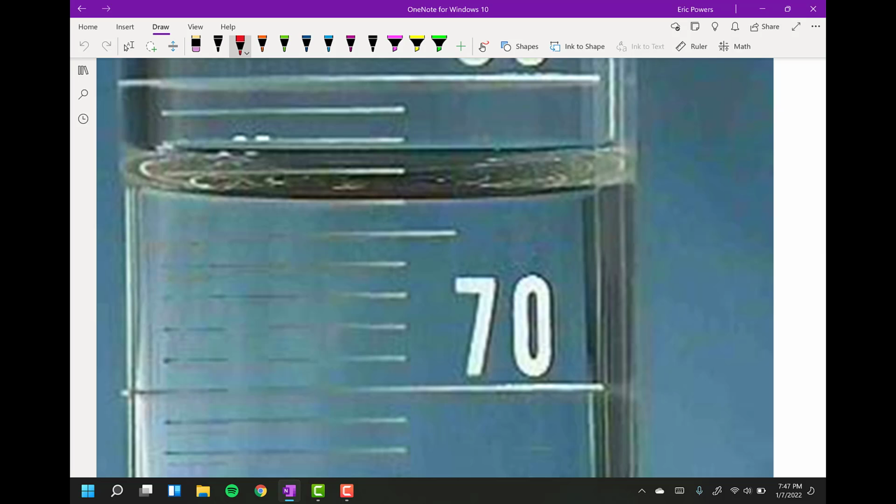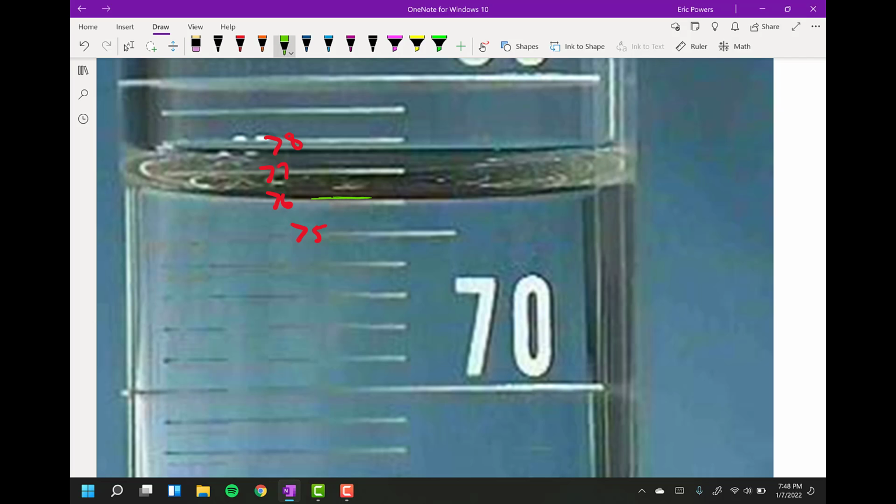So we've got 75, 76, 77, 78. The question is, where do we measure it? Well, this is called the meniscus. And you always measure to the bottom of the meniscus, right about there.